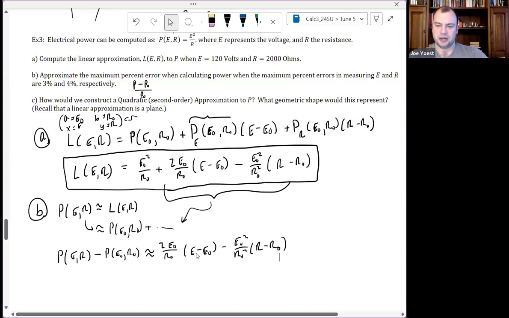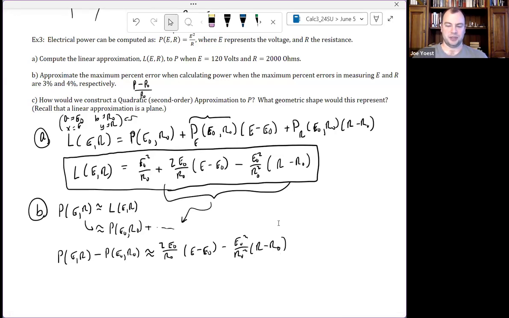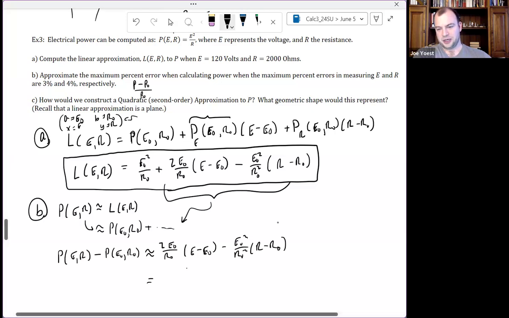Right now, E minus E naught and R minus R naught are kind of actual errors, but I want relative errors. I would like something like E minus E naught over E naught, or R minus R naught over R naught. Let me massage this a little bit. I want E minus E naught over E naught. But if I put one in the bottom, I better put one in the top too.